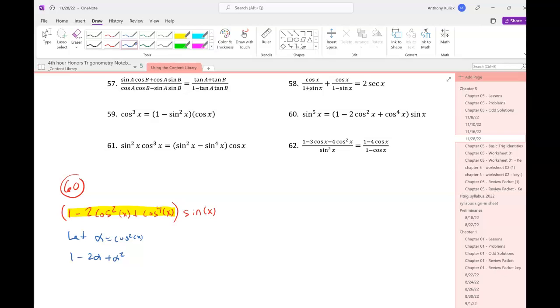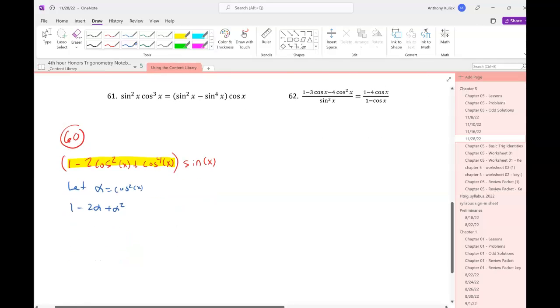Those would be... multiply to give us 1 and add to give us -2. -1 and -1, right? Yeah. So it'd be 1 minus alpha times 1 minus alpha.